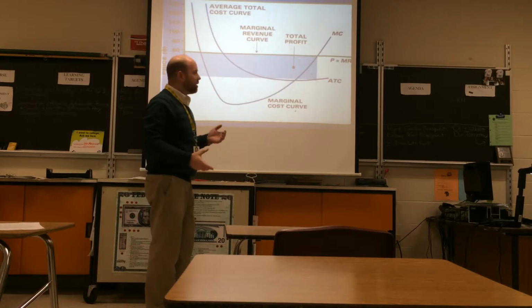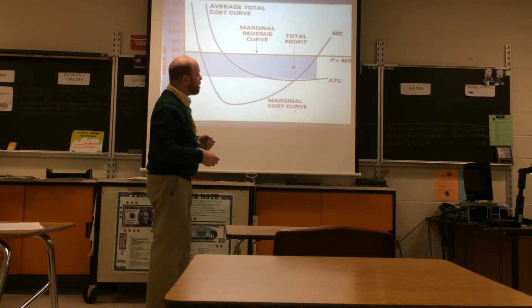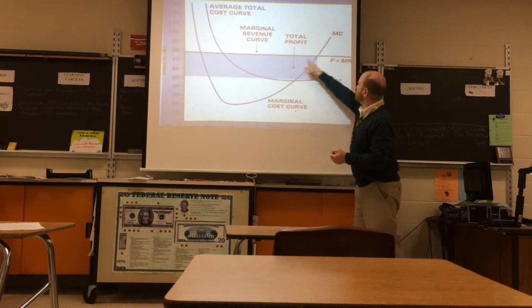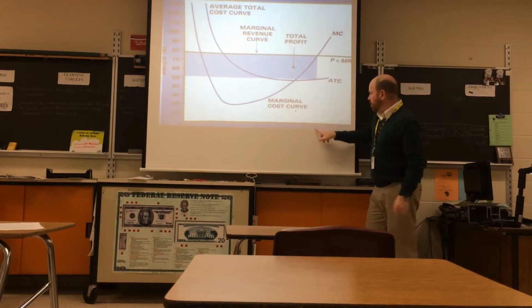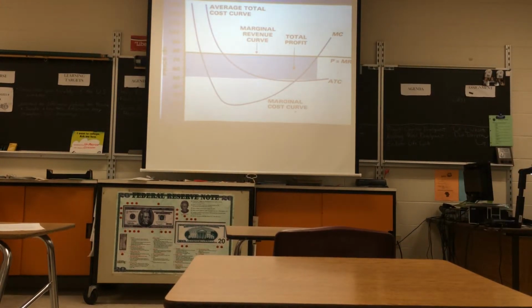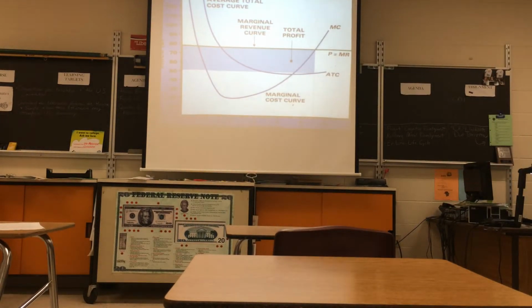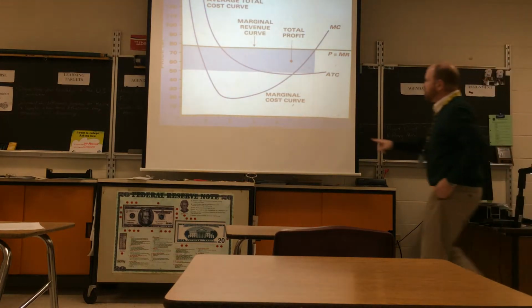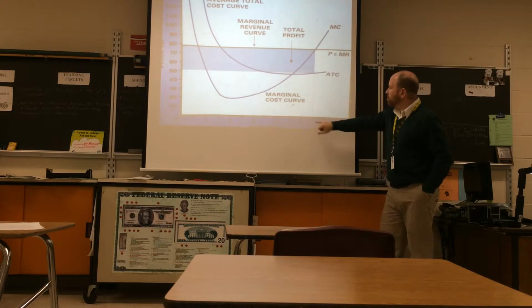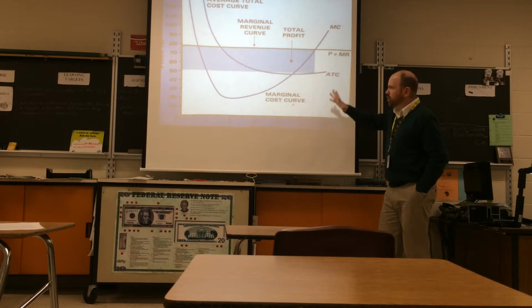Where on this graph does marginal revenue equal marginal cost? That perfect place, that magic place. Here's marginal cost, here's marginal revenue, so right here. This value here, which is 5.5 units, is our profit maximization point. So we know this firm is going to produce 5.5 units, whatever.